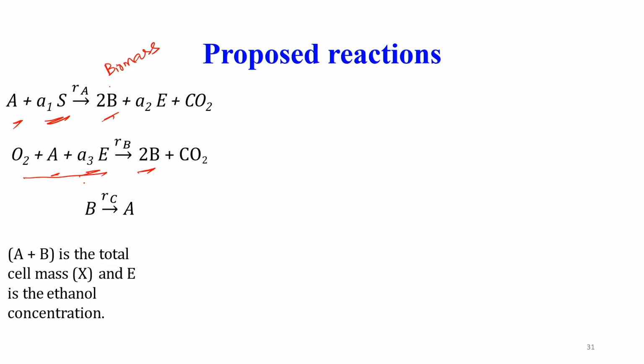So, once the substrate is depleted, the E, reflecting the ethanol, is now being utilized as a substrate, and it is converted to B. And third, parallelly, B is separately converted to A. So, A plus B is the total cell mass X, and E is the ethanol concentration. So, you just say the cell is comprised of two compartments, A and B.